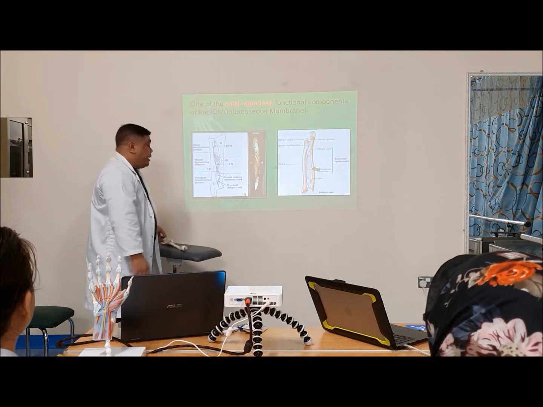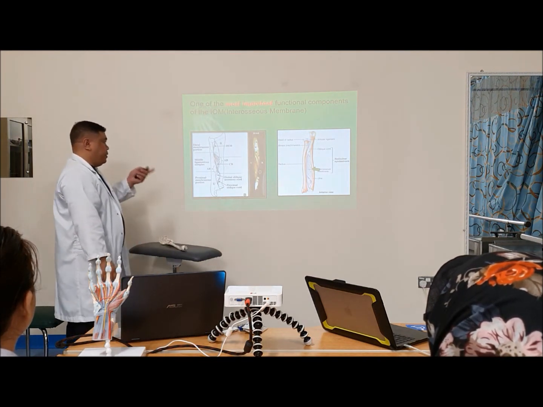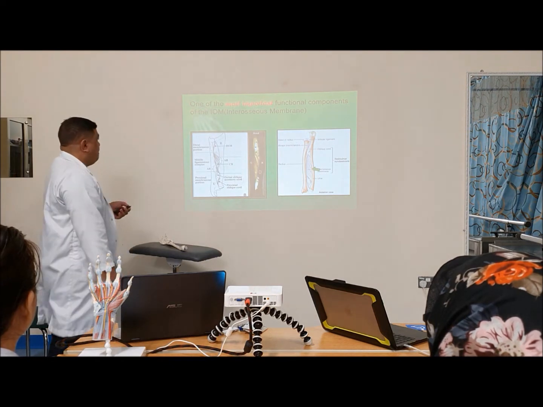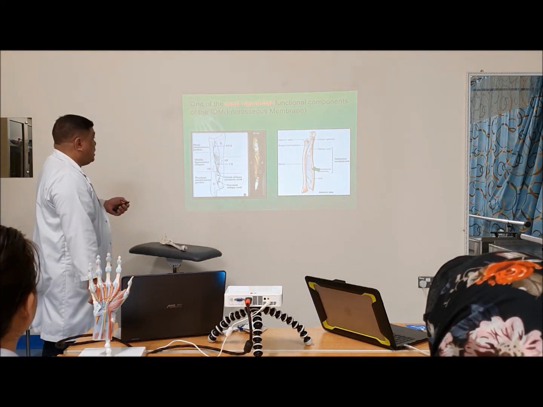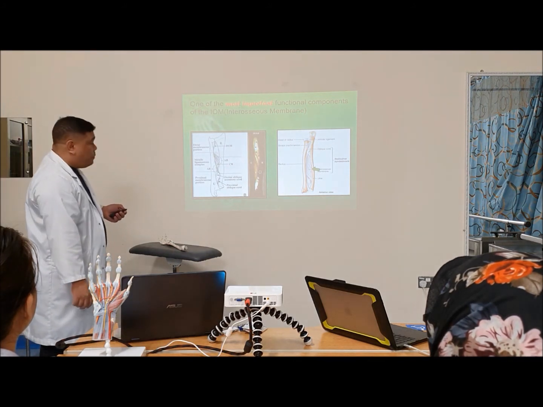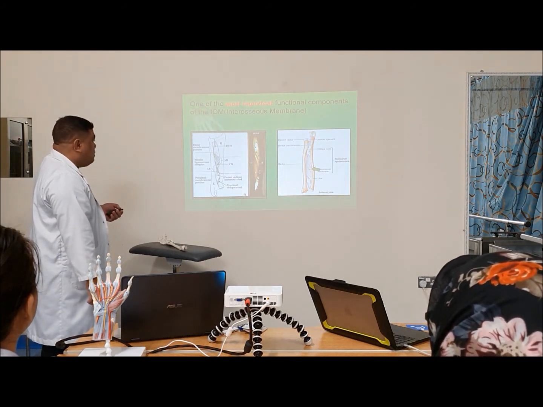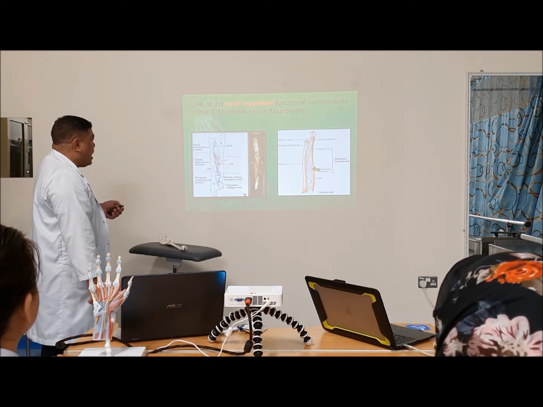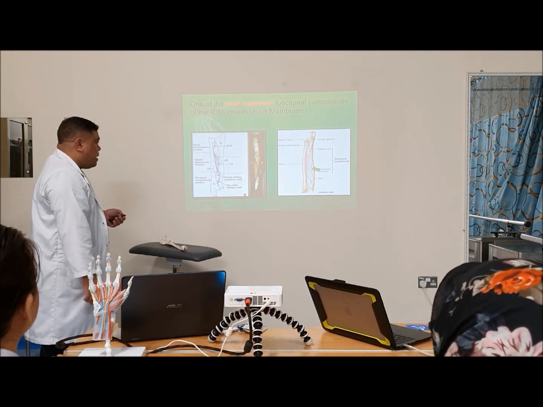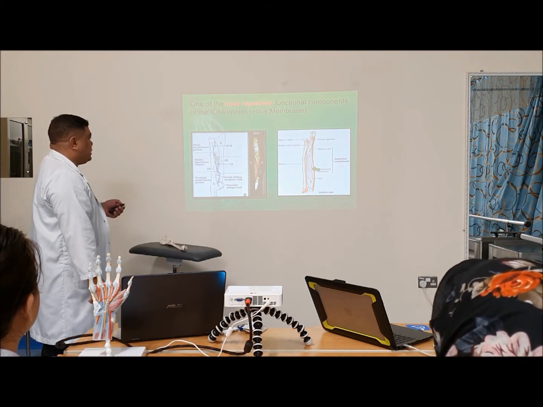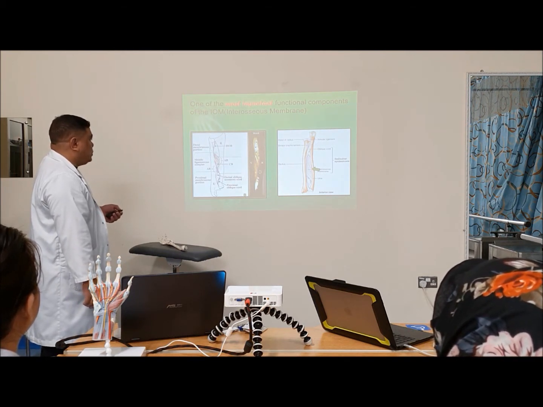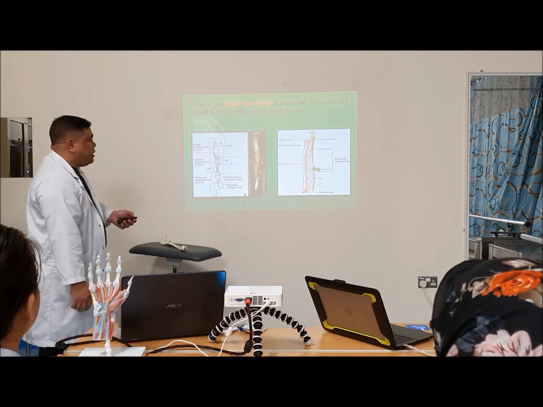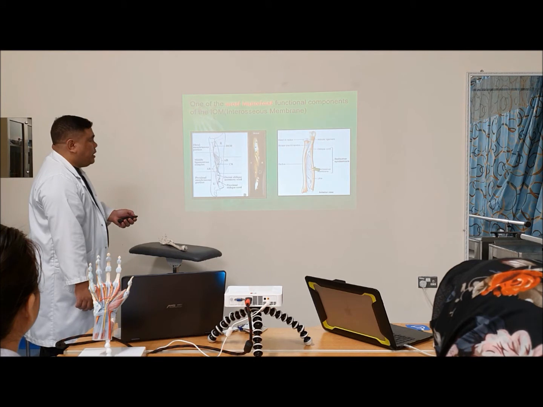It has different parts: a dorsal oblique band and the central band, which is the most important, then a dorsal oblique accessory band, an accessory band, and a proximal oblique cord. So this interosseous membrane is responsible for holding the radius and the ulna together. As you can see in the next picture, it is written with the green arrow: the interosseous membrane.